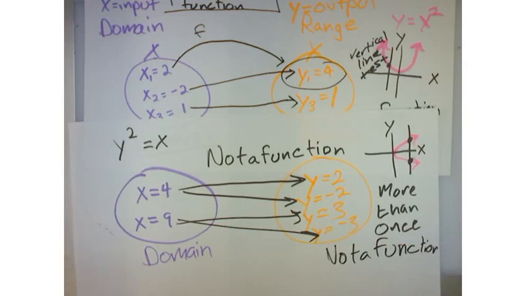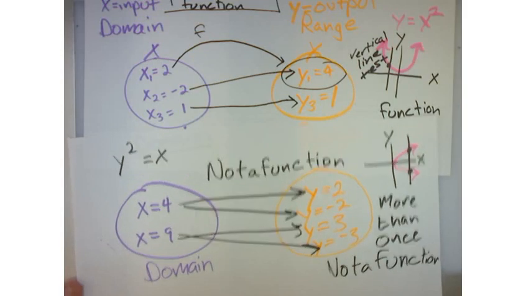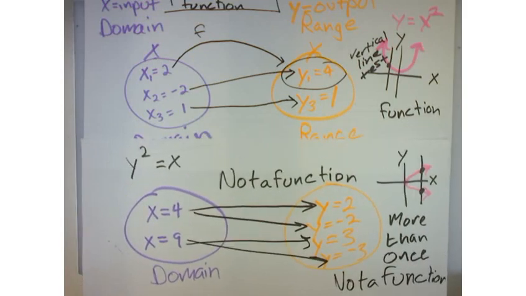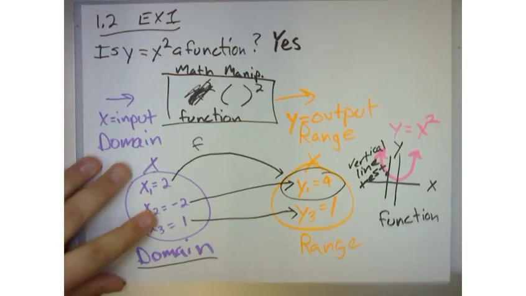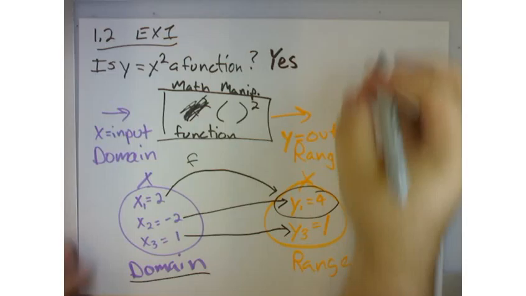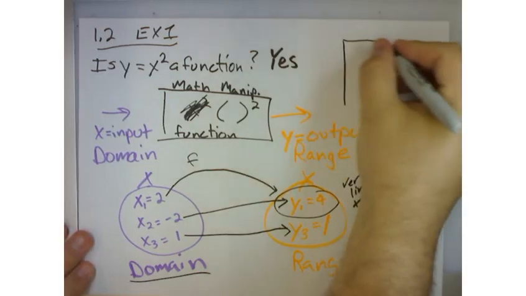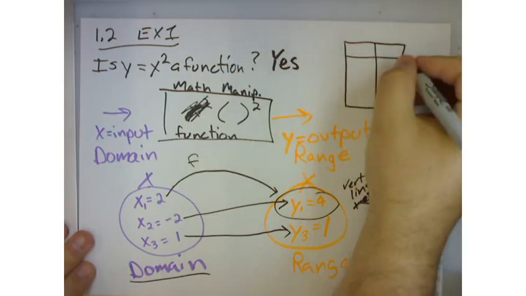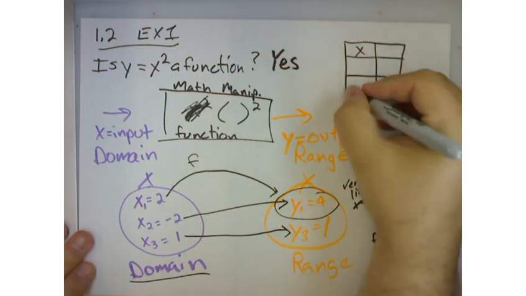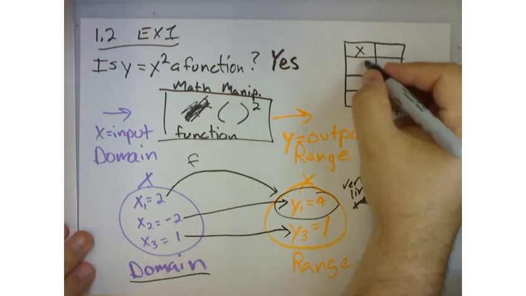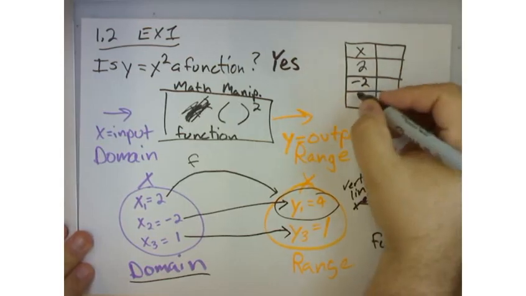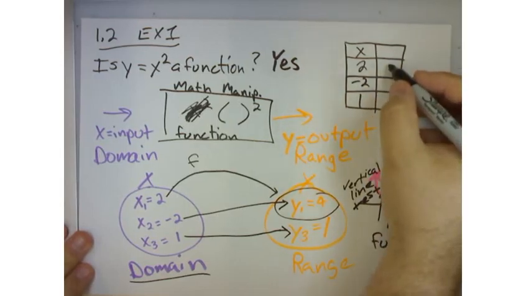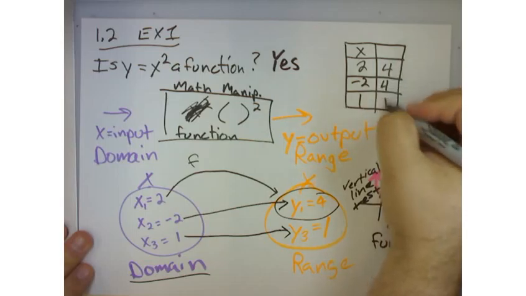Does that make sense? Now, there's one last way to look at this, and that is with a table of values. So now if I come back to my function and I write the table of values, I said that x was equal to 2, negative 2, and 1, and then my y values were 4, 4, and 1.